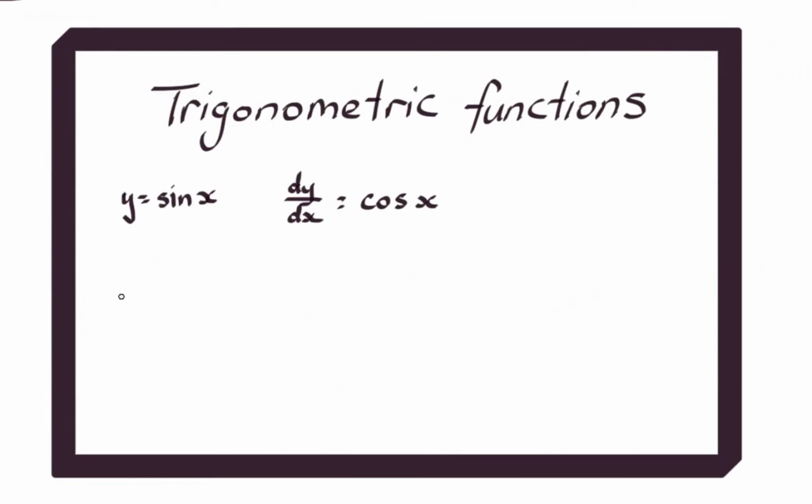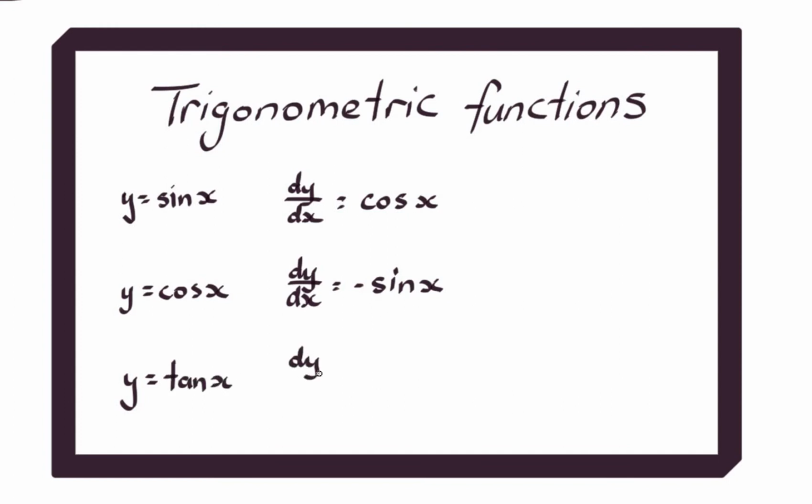If we focus on y equals cos of x, and we look at what's happening with the derivative, we find that the derivative is not sine of x, but rather minus sine of x. And also our third identity, y equals tan of x.